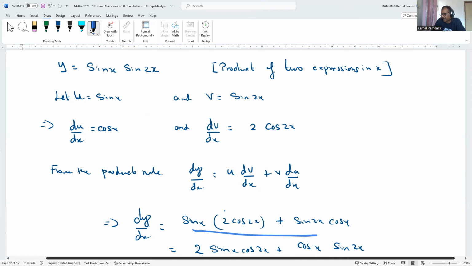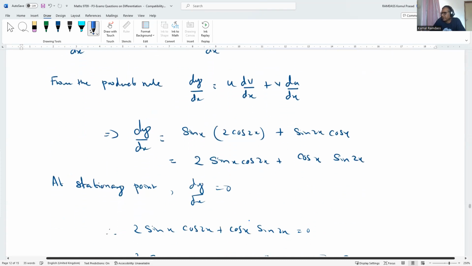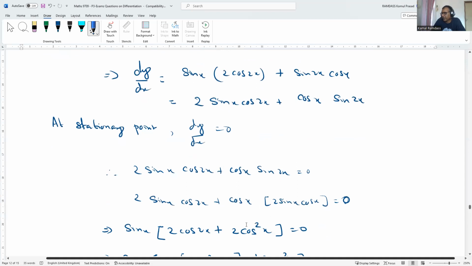Ça veut dire ça. Which is equal to 2 sine de x cos de 2x plus cos de x sine de 2x. At the stationary point, dy by dx est égal à 0. Ça veut dire ça expression-là est égale à 0. OK? Et là, moi, servi the double angle formula. Sine de 2x, c'est 2 sine x cos x.